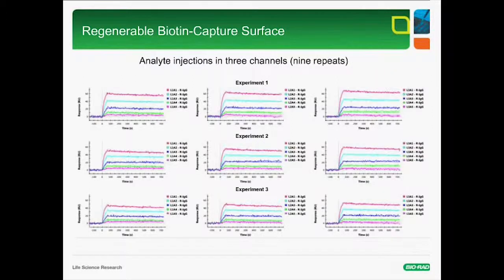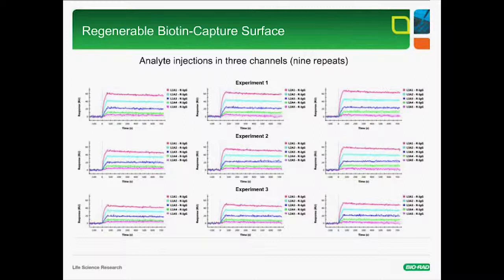These sensorgrams present the repeats of the same interaction analysis in 3 consecutive cycles. As you see here, the sensorgrams from experiment 1 to 3 are all consistent, which means we were able to effectively regenerate the sensor chip surface between the cycles.